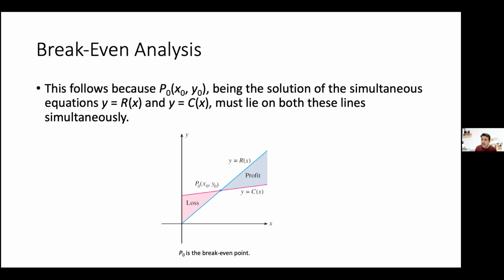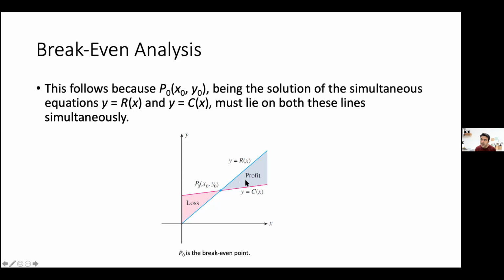If you put a different X for revenue, the revenue is going to be different. A different X for cost, the cost is going to be different. If you draw these two lines, they're going to cross each other at some special point, and that point is, guess what? The break-even point, right? This is the break-even point.